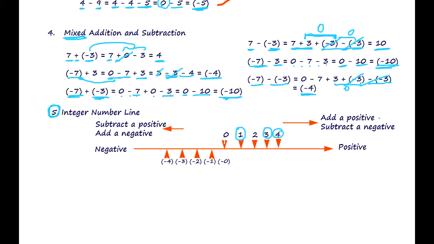So every time you add a positive number or subtract a negative number, the answer will be greater. Now, if you subtract a positive number, you know the answer is smaller. Adding a negative number has the same effect.